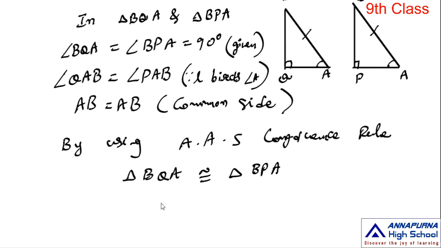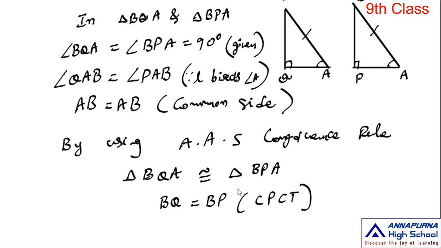So the condition BQ is equal to BP, and BQ and BP are corresponding sides, and corresponding sides are equal, because the triangle BQA is congruent to triangle BPA. Since CPCT means the corresponding parts of congruent triangles.